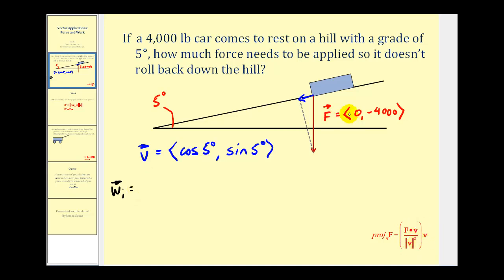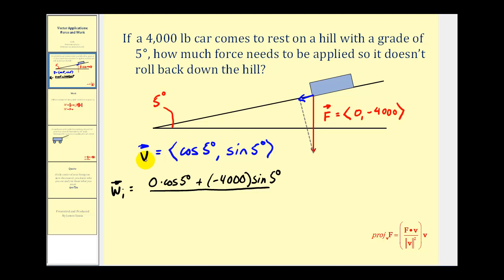So if we dot f and v, we're going to have 0 times cosine 5 degrees plus negative 4,000 times sine 5 degrees divided by the magnitude of vector v squared.